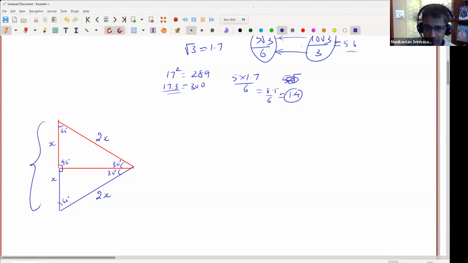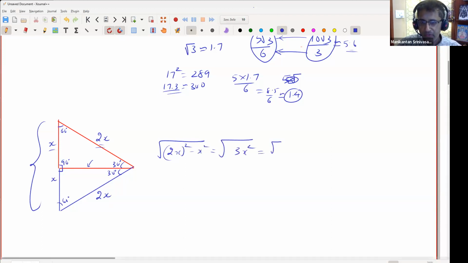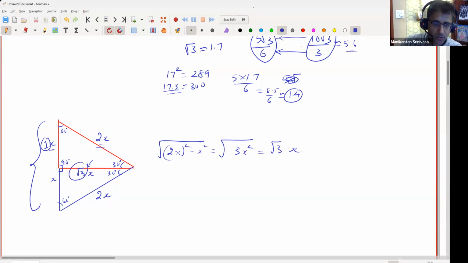Okay, the electronic thumb. Okay, now this is x and this is 2x, and now it's fairly easy, right? So this missing side will be square root of 2x whole square minus x square, which is square root of 4x square minus x square, which is square root of 3 times x. So this becomes root 3 times x. Hence the ratio of x is to root 3x is to 2x. Make sense, Ranveer?